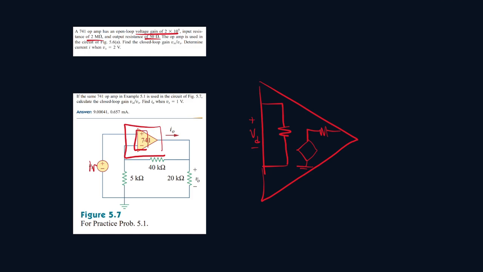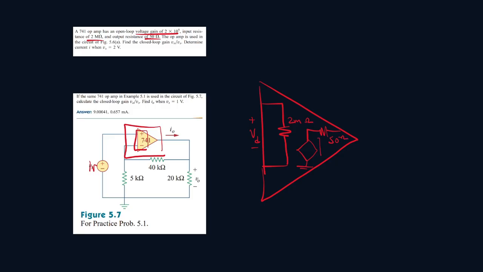Okay, and then here this is the input resistance. The input resistance will be 2 mega ohms, which is 2 million ohms. That comes from example 5.1. Now, this output resistance, it's going to be equal to 50 ohms.